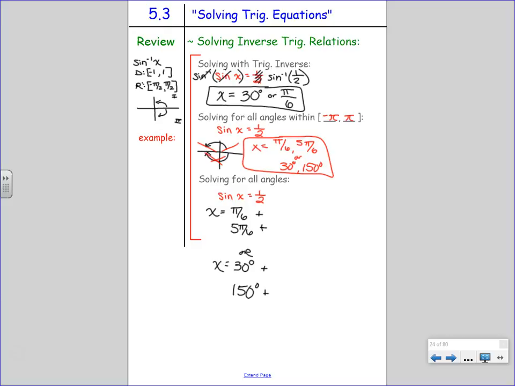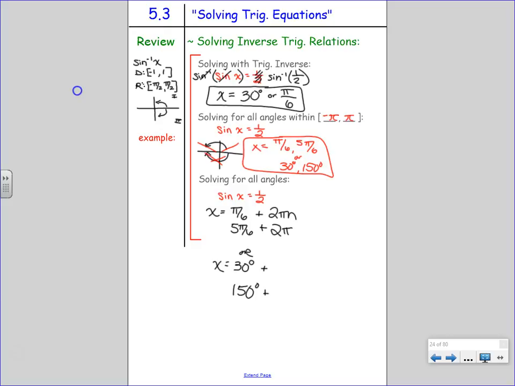Do you guys remember the relationship between an angle and all of its coterminal angles? Multiples of 2 pi away, or multiples of 360 if you're in degrees. So for the radian ones, I say sweet, plus all the other ones. That's what 2 pi n does. Remember, n is 0, 1, 2, 3. Different multiples of 2 pi, or negative multiples, because you can rotate.